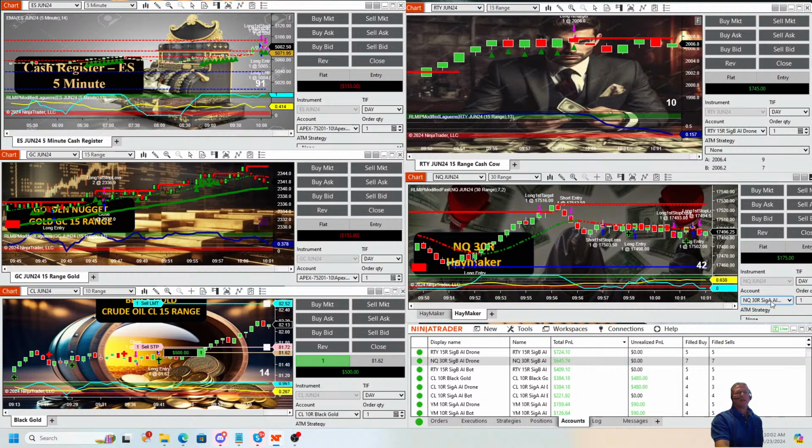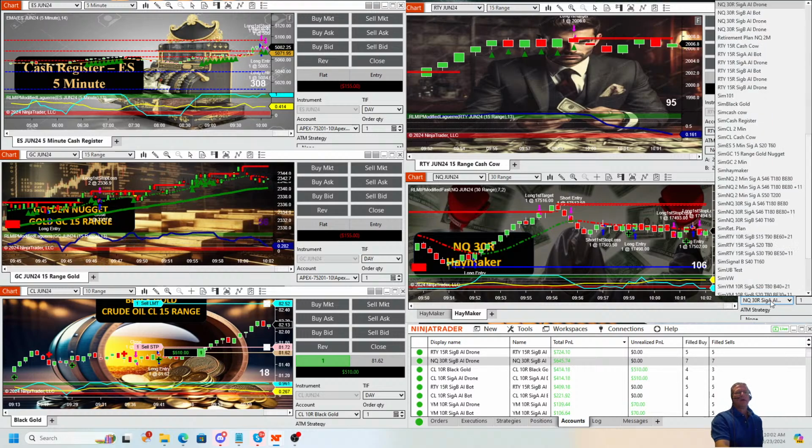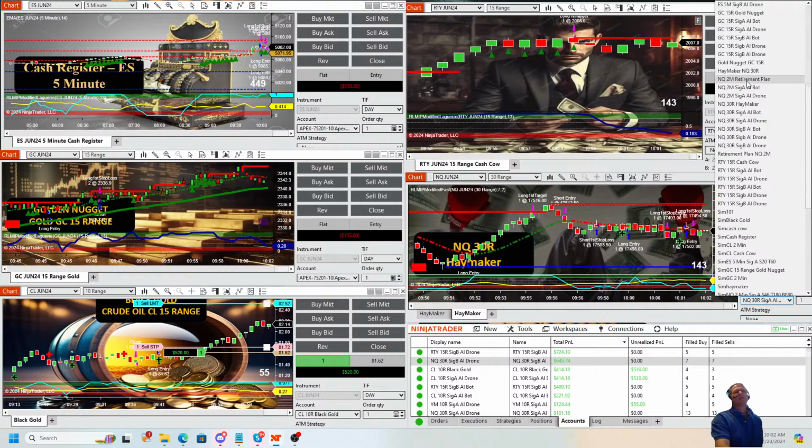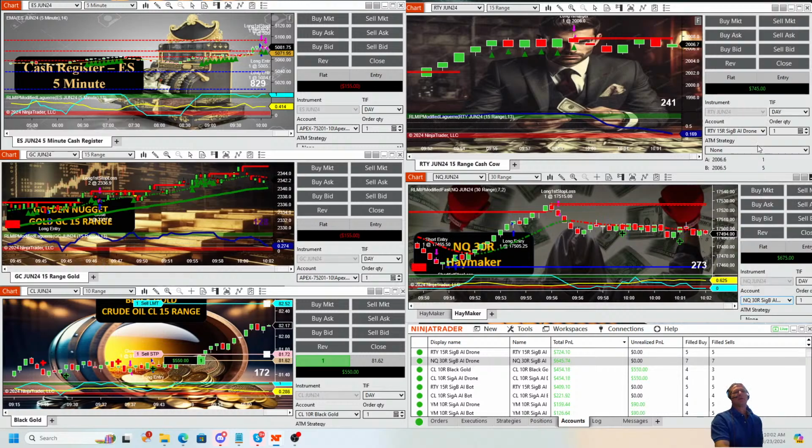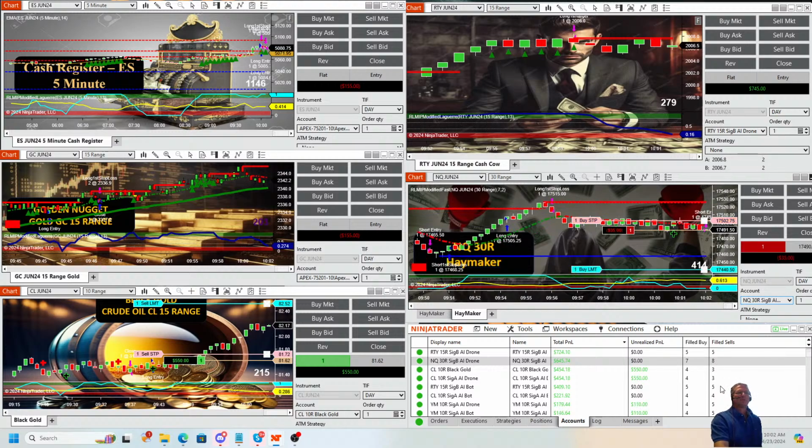That's the signal. A is up 175 on the NASDAQ 30 range, but the NASDAQ 30 range signal B is up 675. Just got into that short trade.